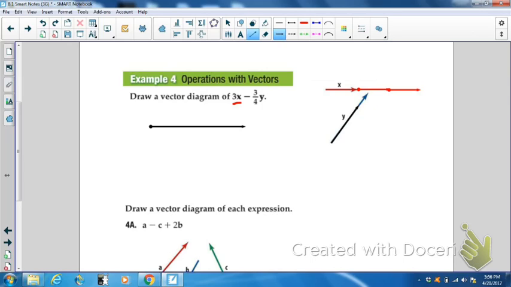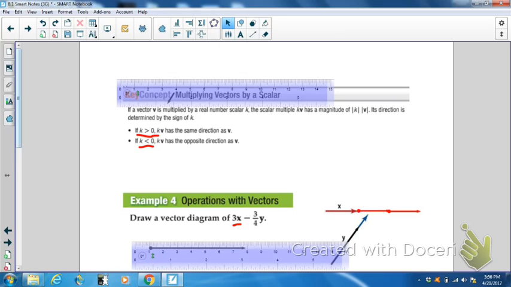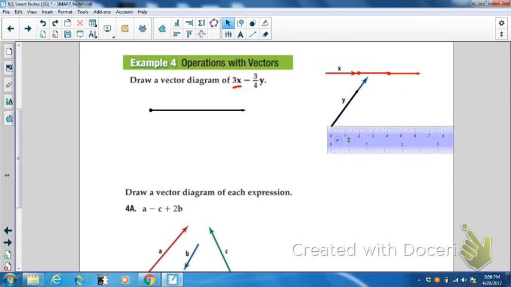The correct thing would be, instead of approximating, to measure. I think I'm going to have to go get the ruler. You need to measure your y. You could do it in centimeters.